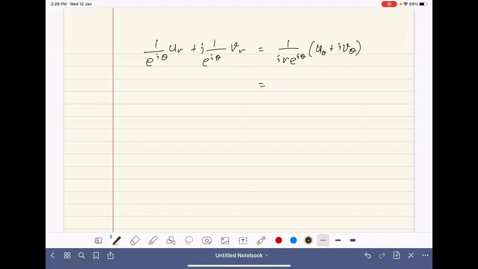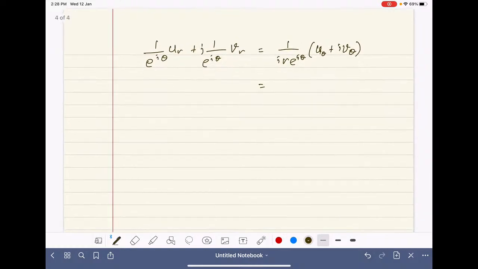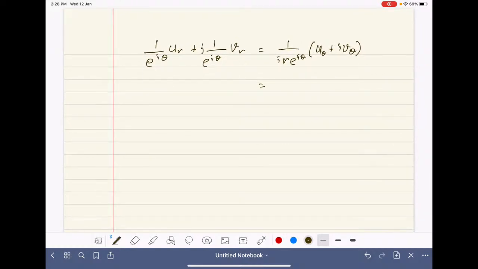After suitable adjustment we are going to get this is 1 by i, minus i, r e power i theta, u theta plus i v theta, and this becomes 1 by r e power i theta times v theta minus i u theta.